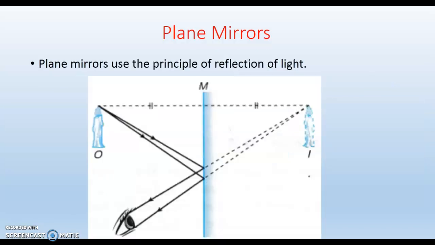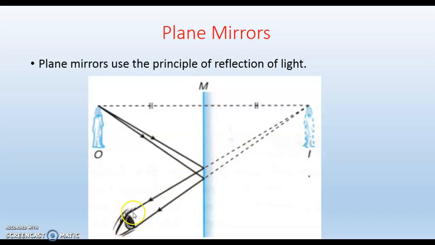So let's look at the operation of the plane mirror. If this is our candle, it is being represented here as an object. Let's see how it operates. Light from this candle reflects on this reflecting surface of the mirror, and the rays are reflected.